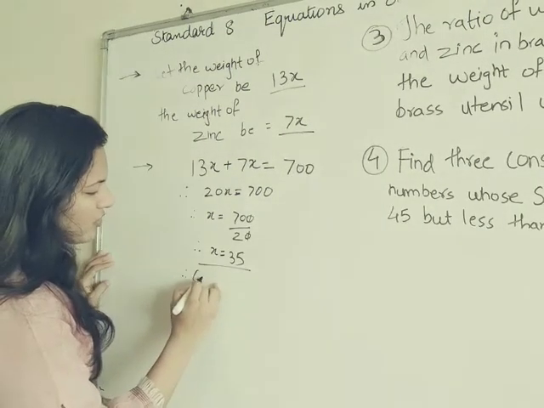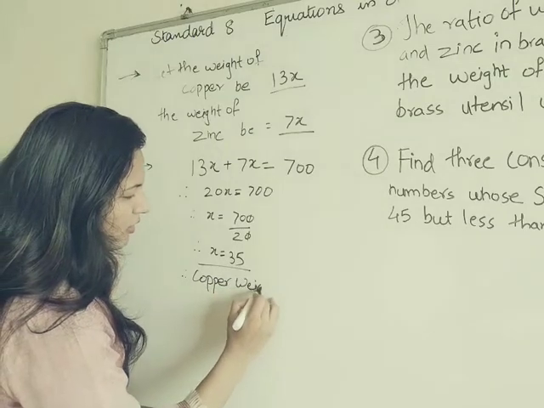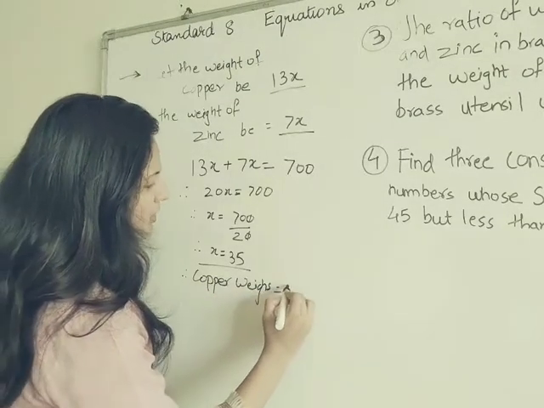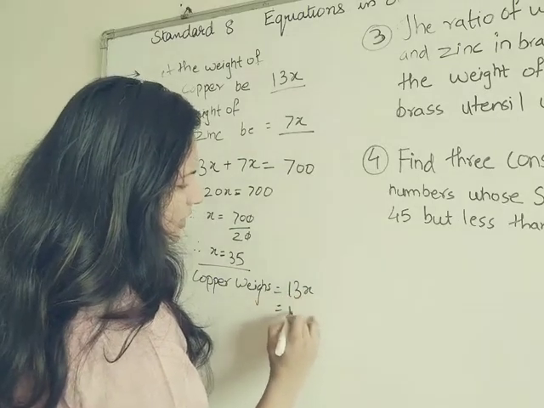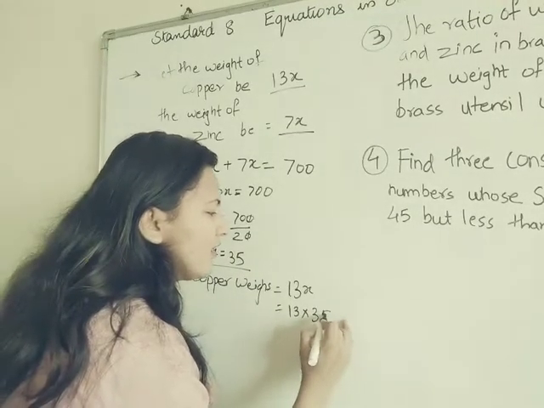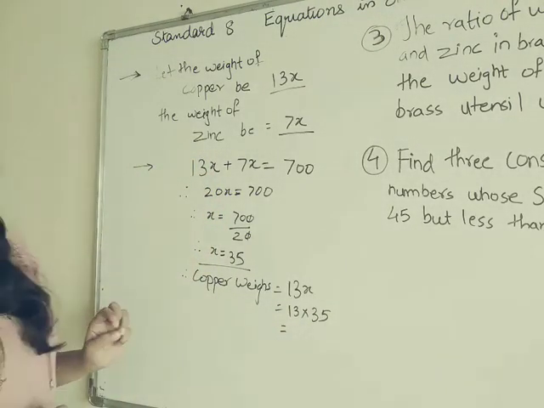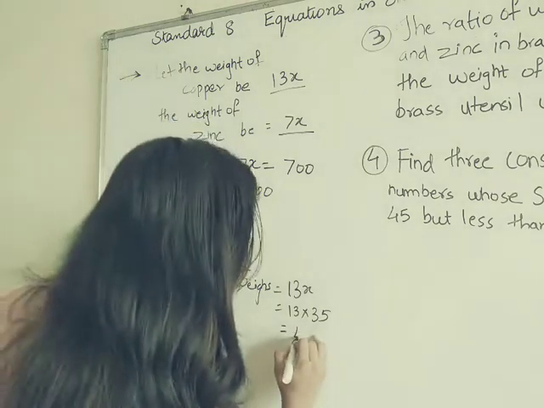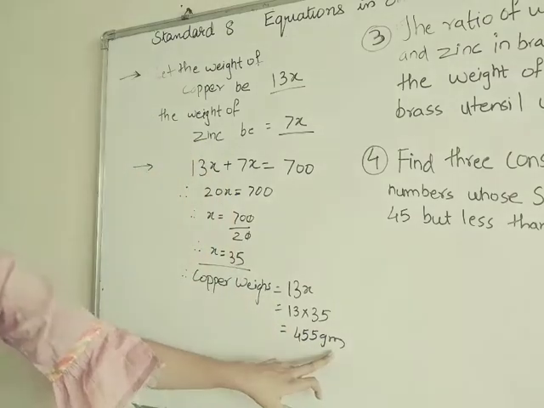Now we will find out the copper weight. So copper weighs 13x, means it would be 13 into 35. So what is the value of 13 into 35? It is 455 gram. So gram is the unit here.